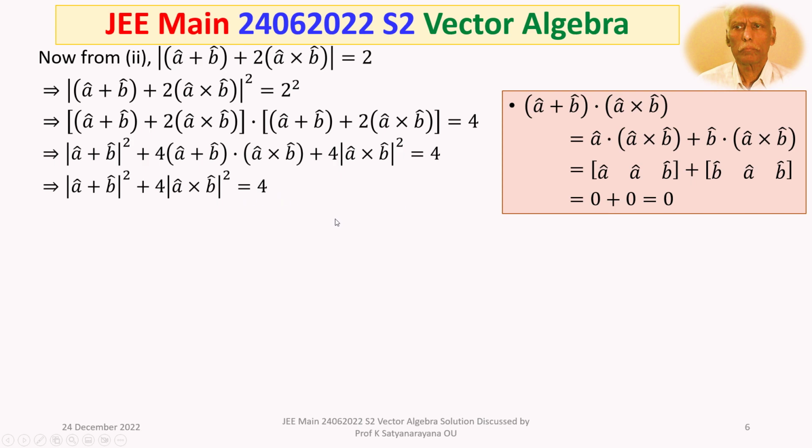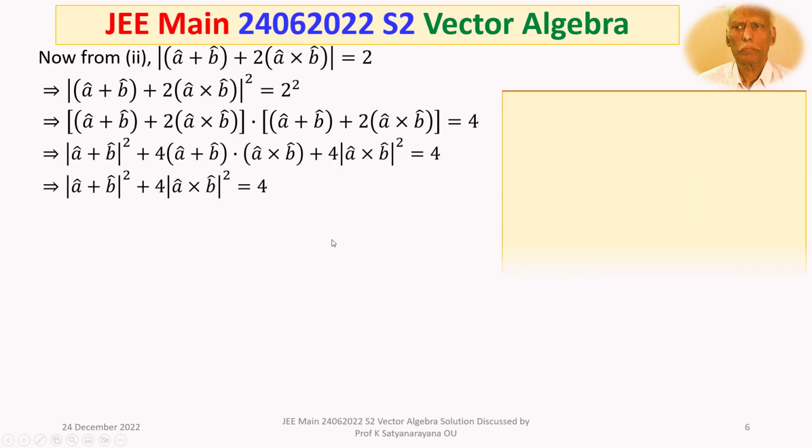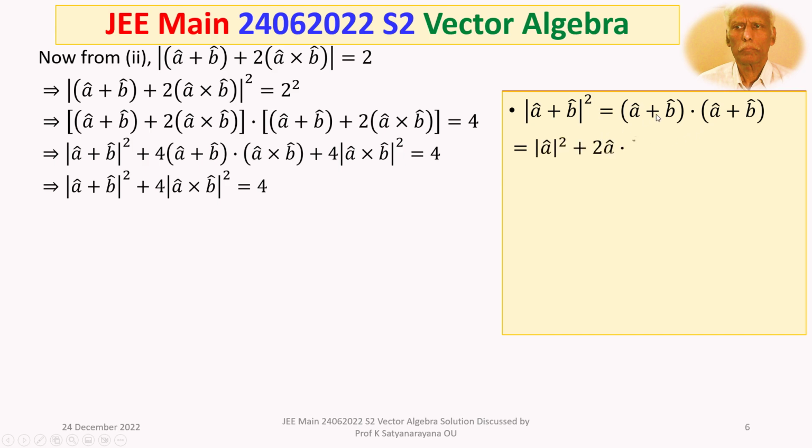Now we see what is mod of a plus b squared. It is the vector a plus b dotted with itself. Taking the dot product, you get a dot a, which is mod a squared, plus a dot b plus b dot a, but the dot product is commutative, so that is 2 into a dot b, plus mod b squared.